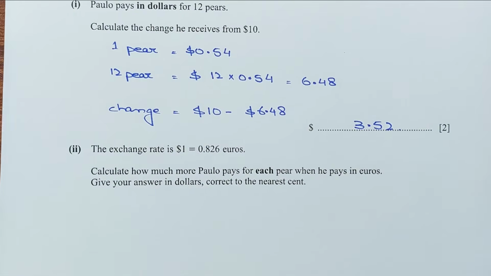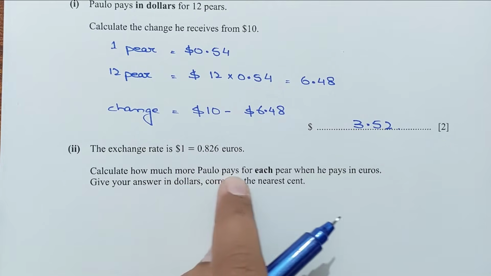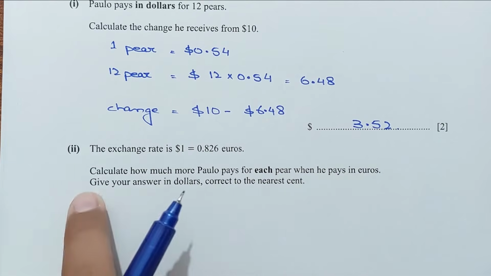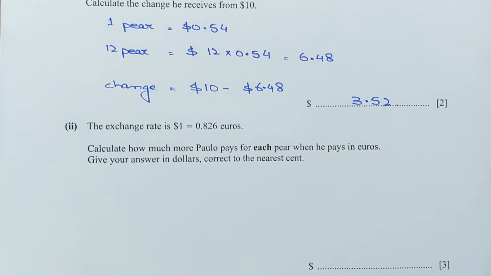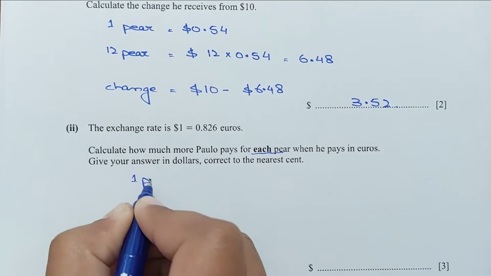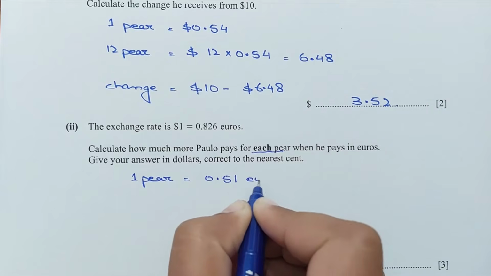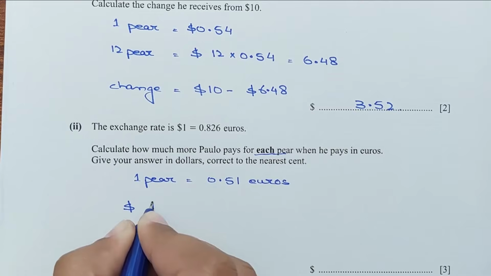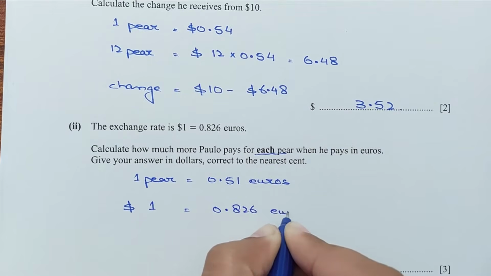Now for the second part, the exchange rate is $1 equals this many euros. Calculate how much more Paolo pays for each pear when he pays in euros. Give your answer in dollars correct to the nearest cent. Okay, so for each pear, we know that one pear is 0.51 euros. According to the exchange rate, $1 is equal to 0.826 euros.